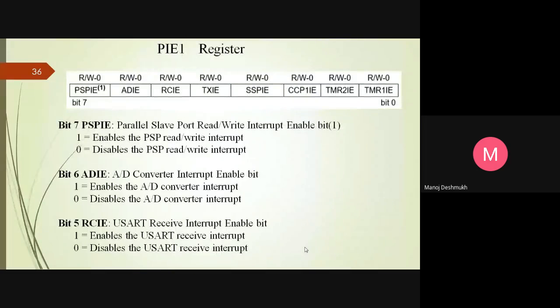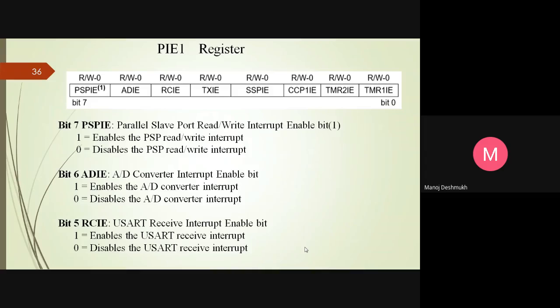That is the peripheral interrupt enable register. IE again stands for interrupt enable register, and here it is for the peripheral interrupts. There are various peripheral interrupts in the PIC16F. To access these peripheral interrupts, we have to initially enable them, and then we are able to detect the interrupts.